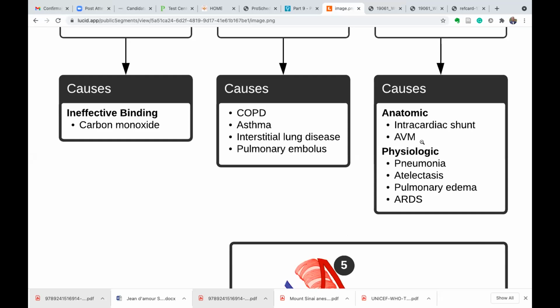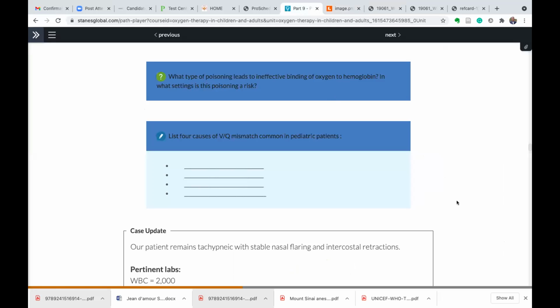Very good. And anatomical causes, you can have intracardiac shunt, where you have non-oxygenated blood coming to the lungs. Very good. Okay, good job so far.